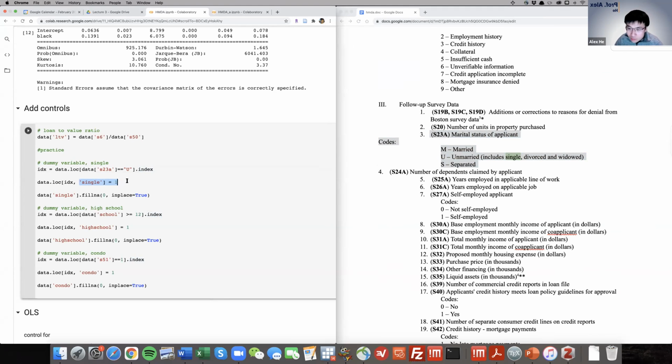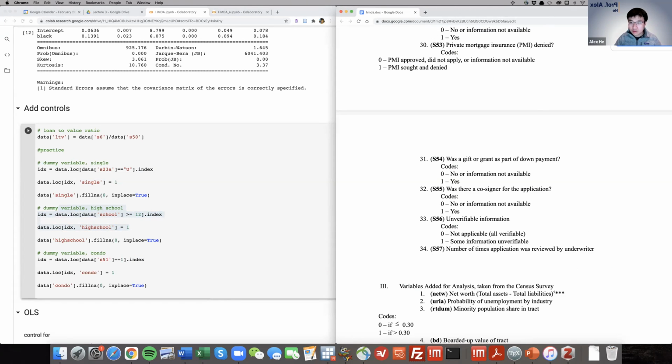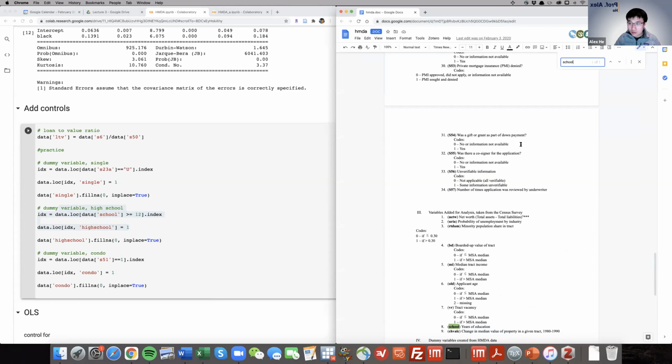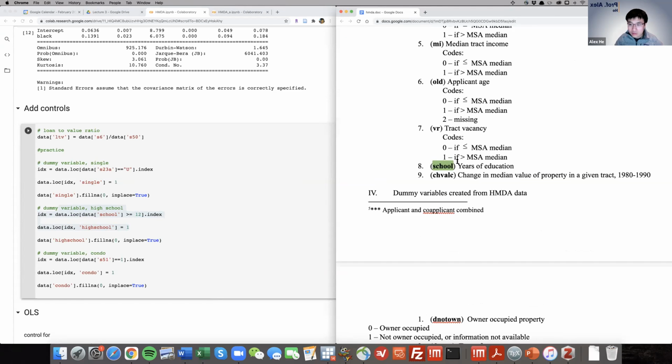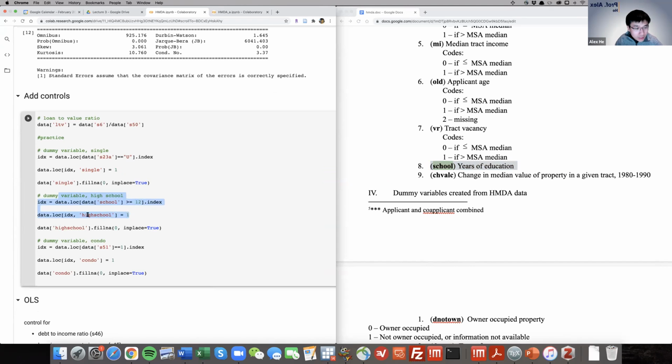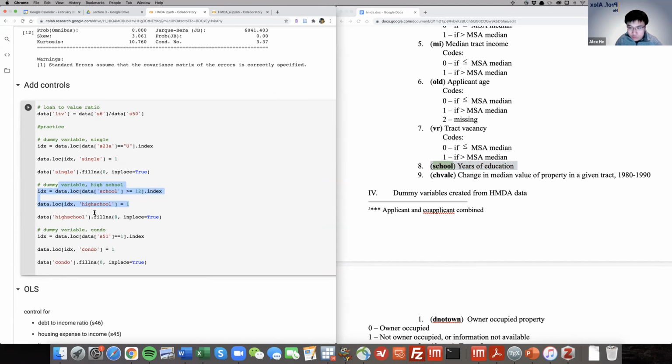That creates a dummy variable indicating whether the applicant is single. For high school, it's the school variable, which tells you the years of education. If that variable is greater than or equal to 12, then the value of that dummy variable equals 1 and otherwise equals 0.